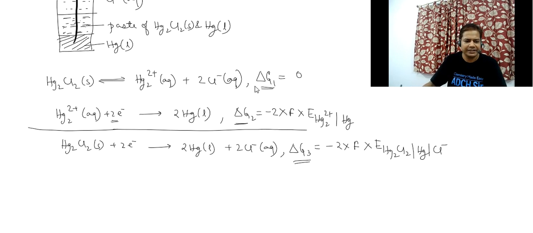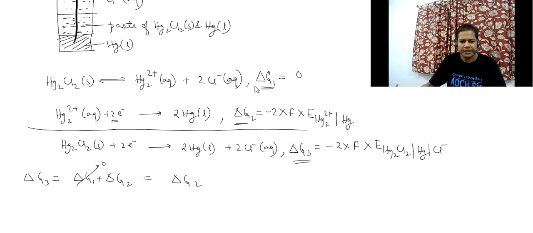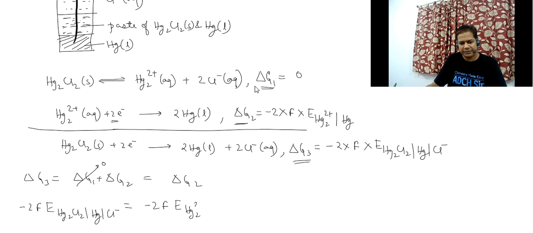So we can write delta G3 is equal to delta G1 plus delta G2, and as delta G1 is 0, this is equal to delta G2, or we'll get minus 2F E of Hg2Cl2 to Hg and Cl minus is equal to minus 2F E of Hg2 2 plus to Hg.